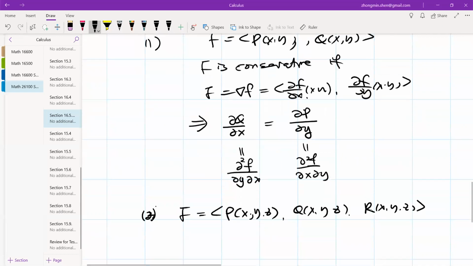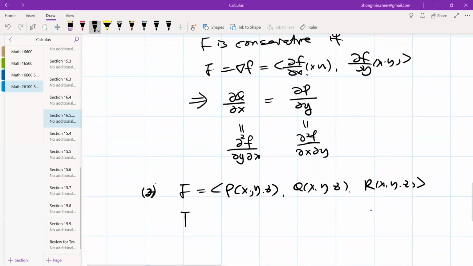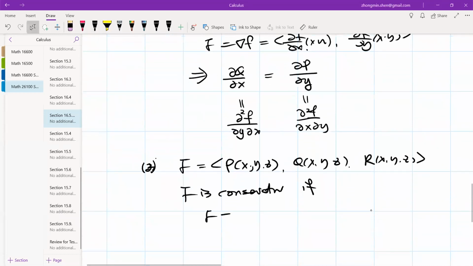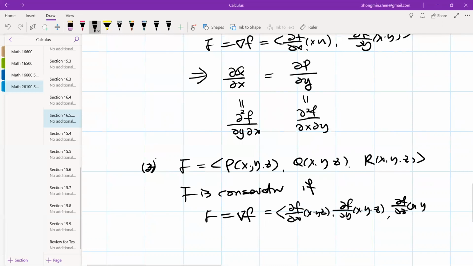So we assume that F is conservative, that F is the gradient of f.